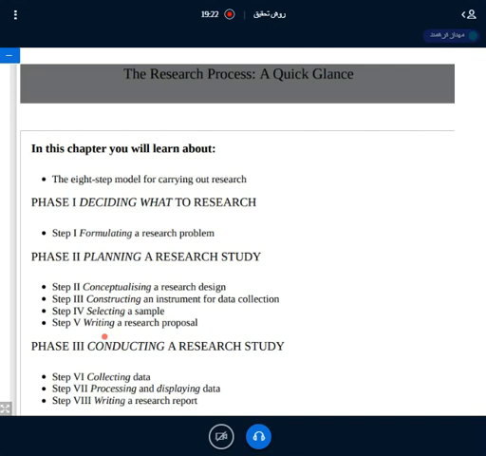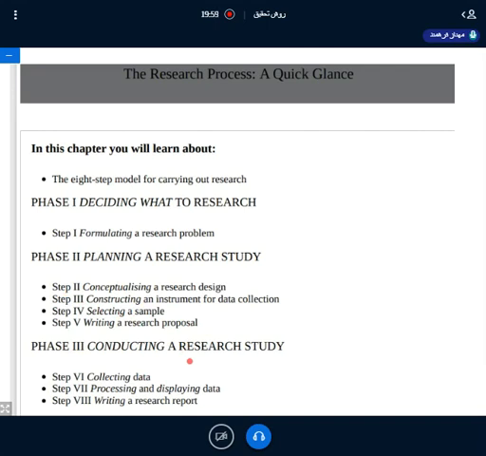First of all, we must design the title of the research, and then we must find the instrument for data collection. The instrument for data collection is the second step. Then we must do sampling, and then write a research proposal. Then we are going to talk about all of these steps in the future, okay?